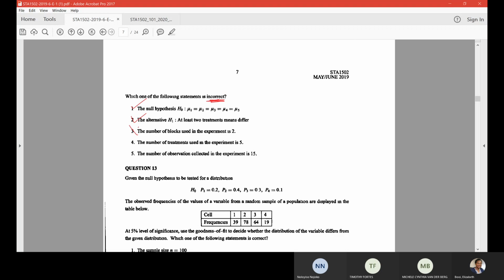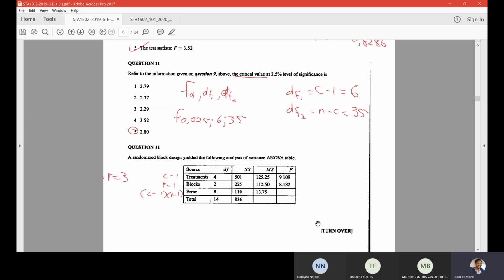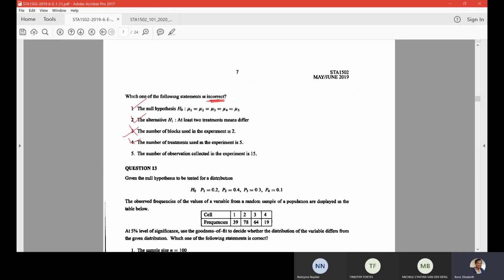So that is incorrect. At the bottom, it also says the number of treatments used is 5. We know that the number of treatments, which is C, would have been 5 because 5 minus 1 would give us 4. So that would have been correct.